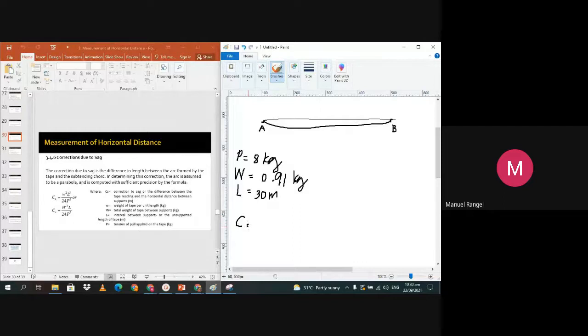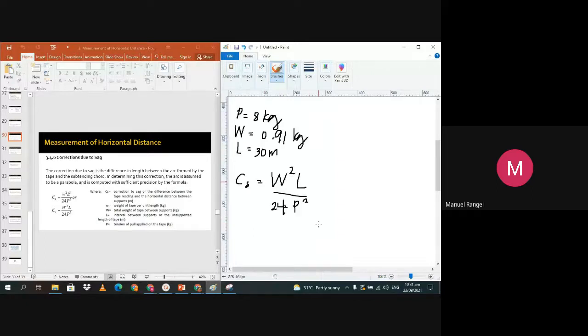So Cs is equal to W squared times L divided by 24 P squared.